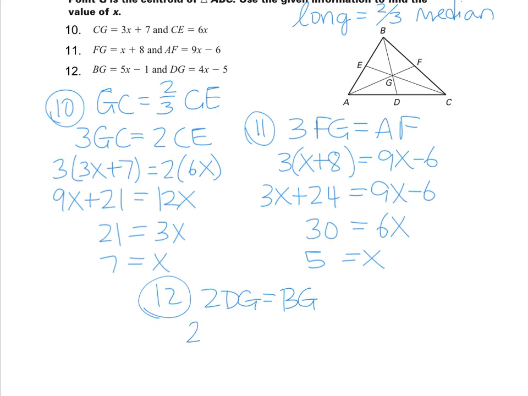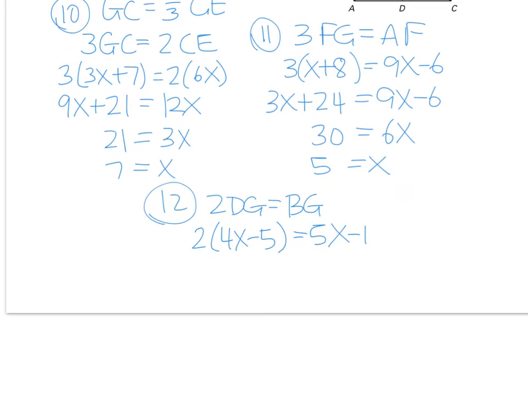So 2 times (4x minus 5) equals 5x minus 1. Distribute, subtract 5x, add 10, divide by 3. So the key is really to know those relationships between the shorter segments, the longer segments, and the whole median, and that will make these problems a lot easier.